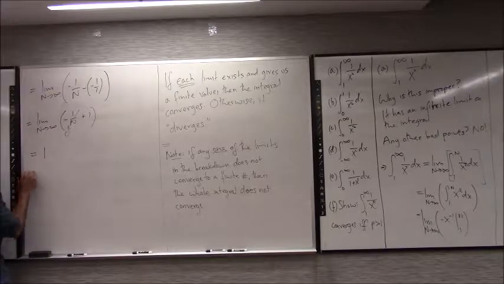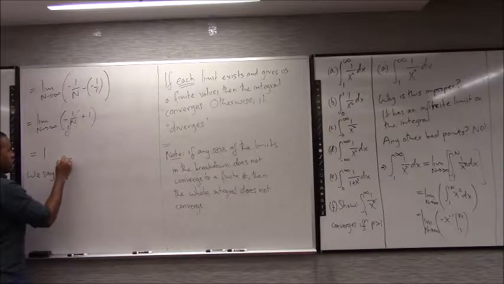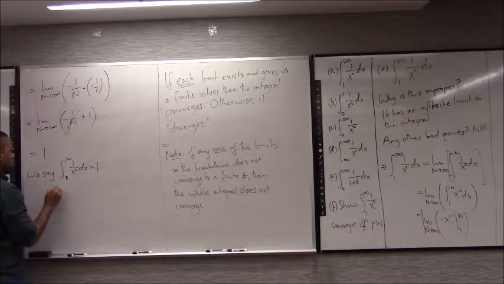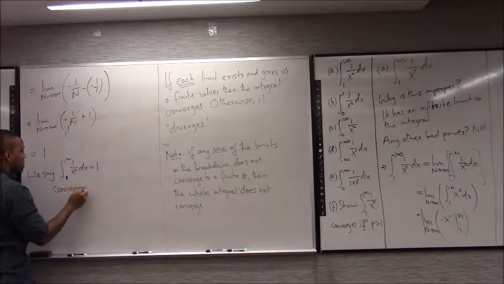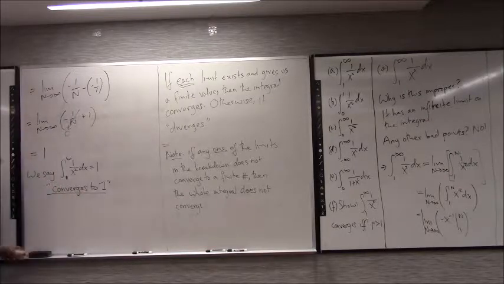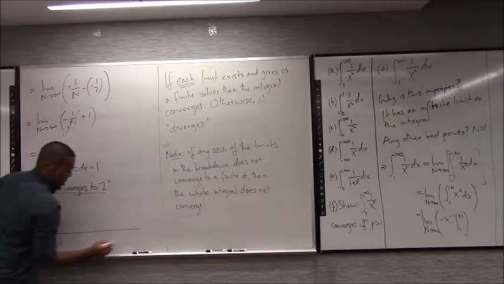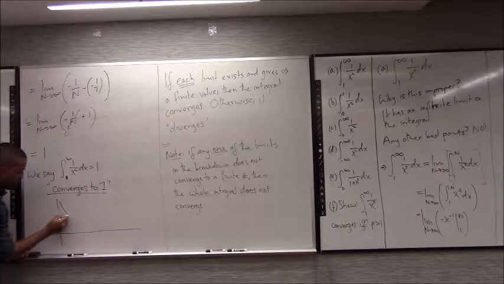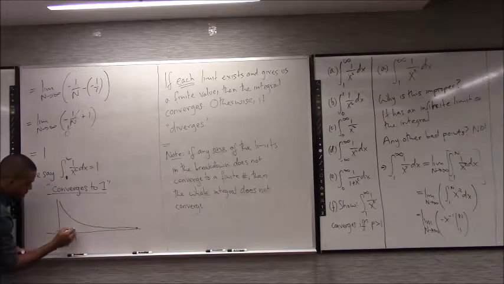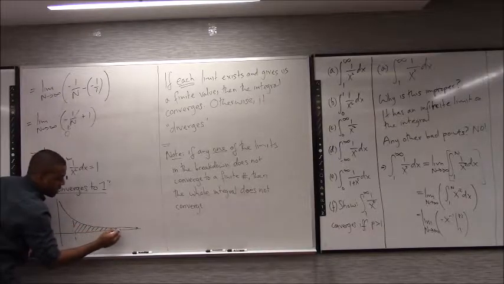And so we say this guy was 1. It converges to 1 is another way that we could express that. And basically what that means is, paradoxically speaking, if I look at the right side of this function, starting at 1 and going off to infinity, I can actually measure the area here.